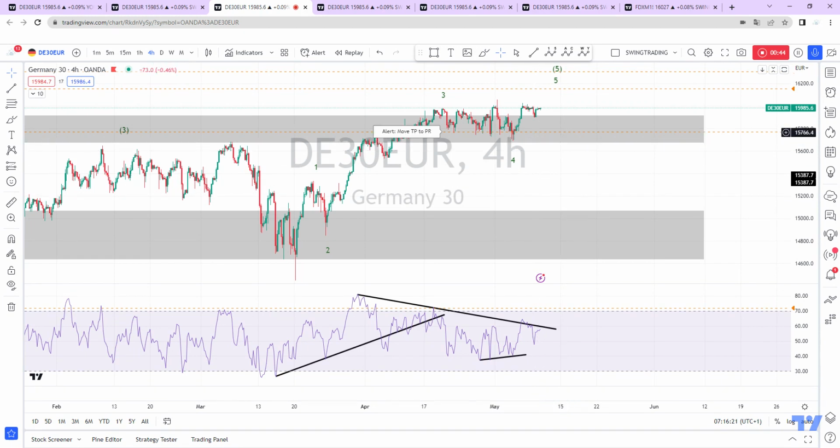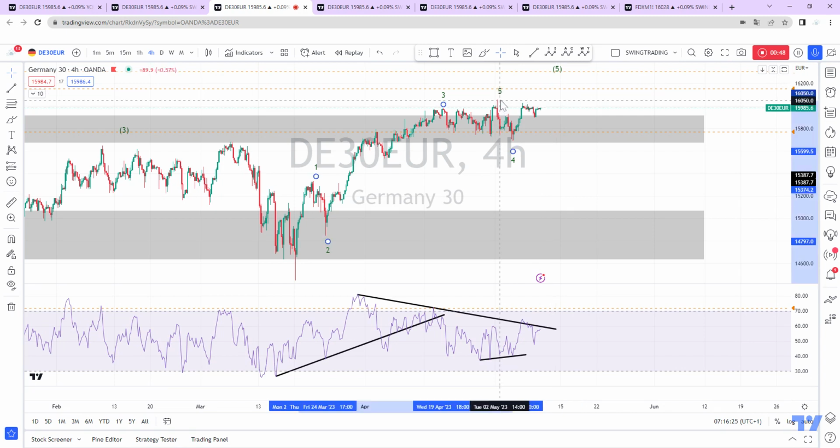Earlier this week, I considered some scenarios. The first one was that the high was in, and we start to drop from here. So then it looks like this in the 4 hour: 1, 2, 3, 4, and a final wave 5. And now we are doing 1 down, 2 up, and we start to drop from here.